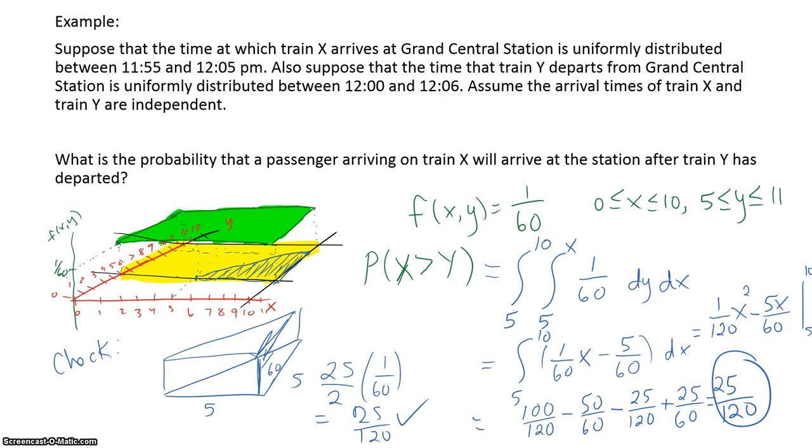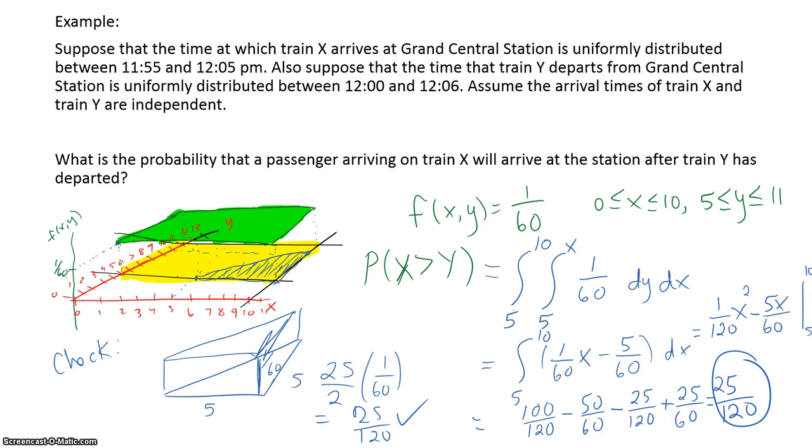The base of the box is a 5 by 5 triangle. So the area of that triangle is 25 over 2, and the height of the box is 1 over 60, so I can double check. I say, oh yeah, this makes sense. I got 25 over 120.